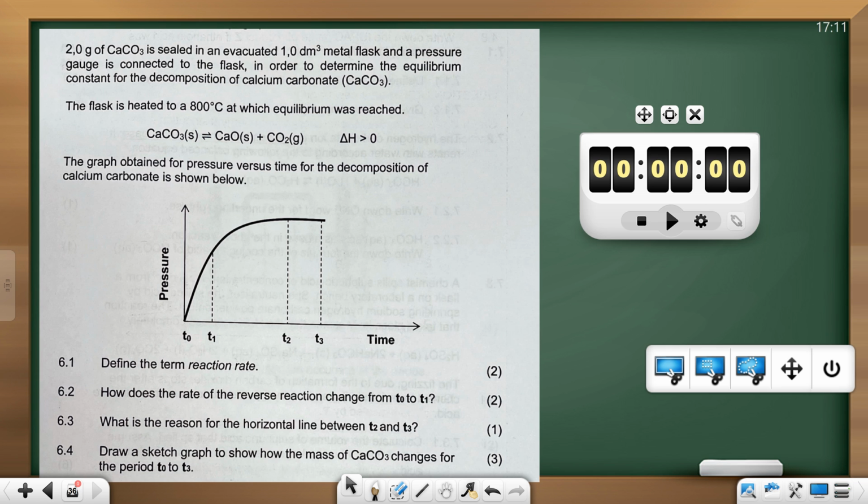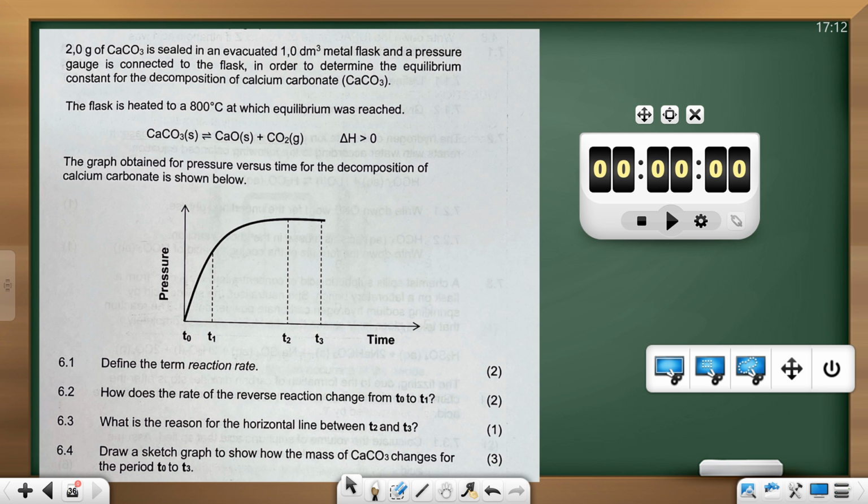Why are you all looking surprised? From that equation, is it a homogeneous or heterogeneous equilibrium? You've heard the word homo before, right? Homo is the same.